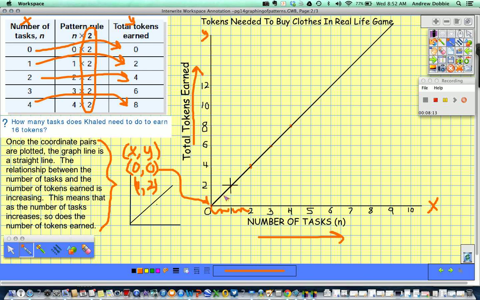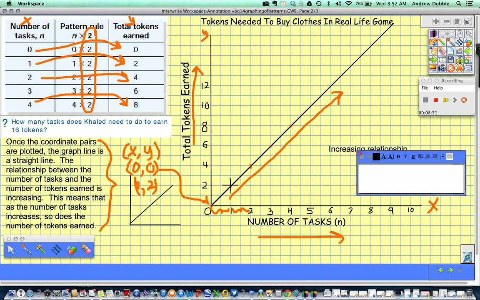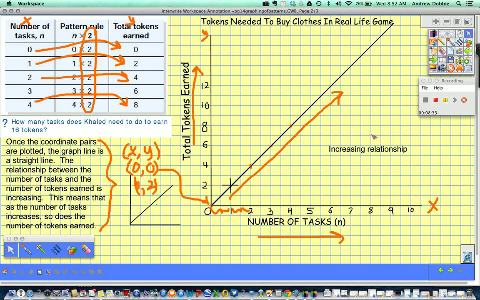And if you'll notice, it seems to be going up on an angle. This angle has a very special math name. It's called an increasing relationship. So an increasing relationship is a line that goes up on a graph when you're comparing two different attributes.